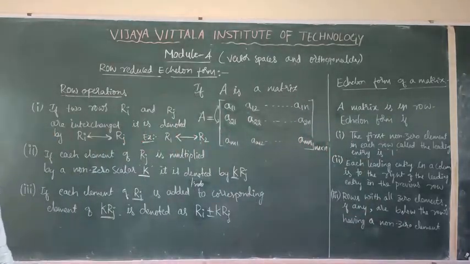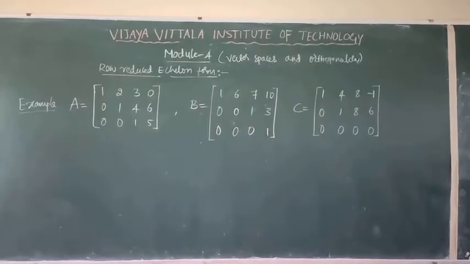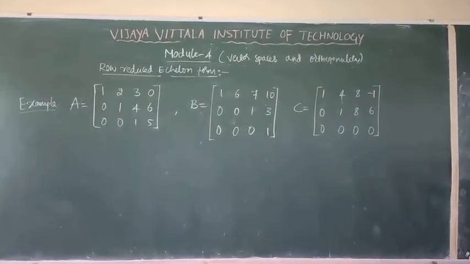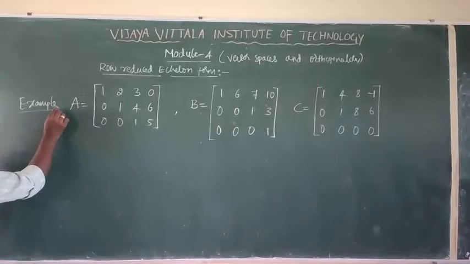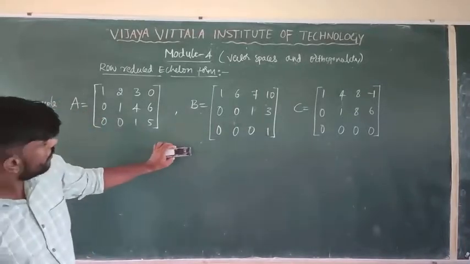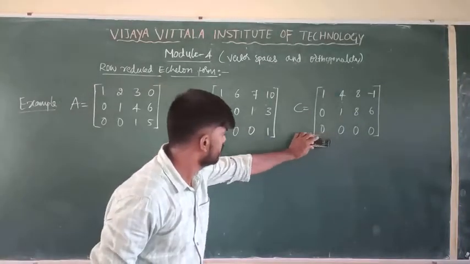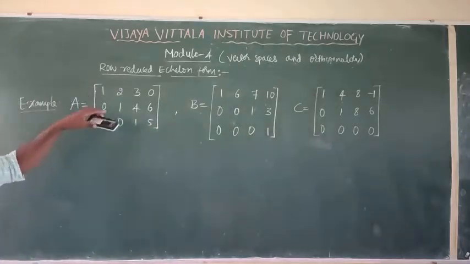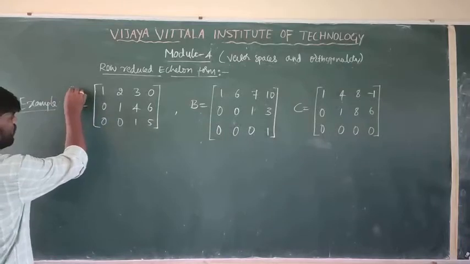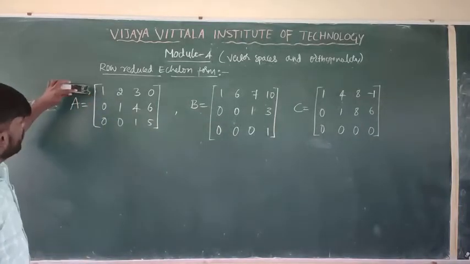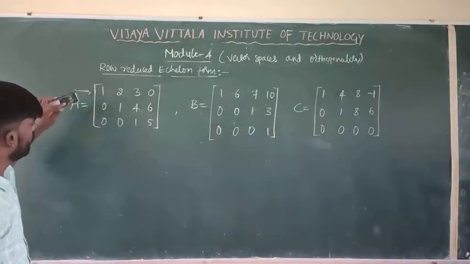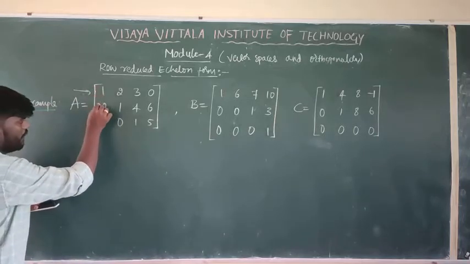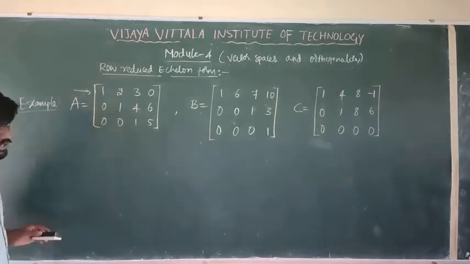Okay, we will see one example of this. Before solving the problem, we will see the examples. These are all matrices in row reduced echelon form. These are already reduced to row reduced echelon form. Therefore, the leading entry is non-zero, and below that non-zero element we make all the elements zeros.